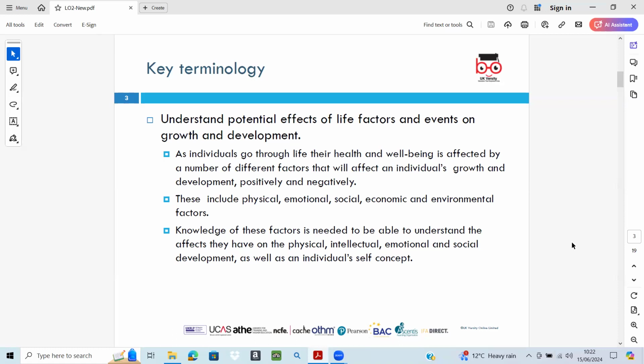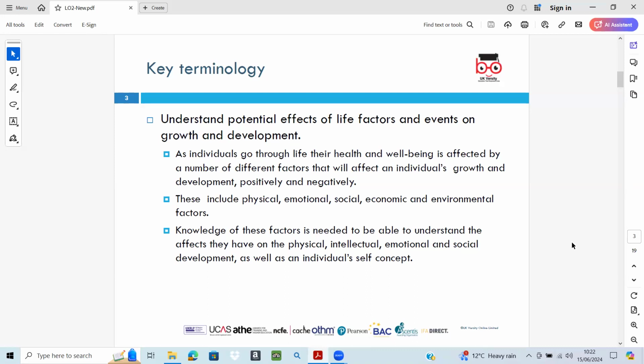And for example, we can talk about exercise as well. Regular physical activity promotes healthy body weight and physical fitness, and it contributes to overall well-being of a person. Then we have emotional factors as well.